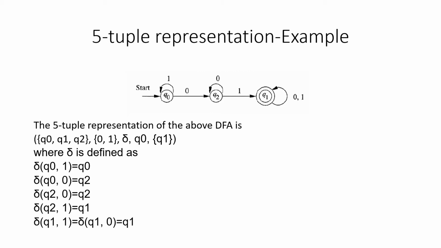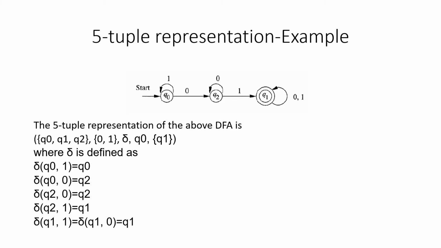Now we'll define the transition function. We know that the transition function of a DFA takes a state and an input symbol and produces a state as the output. Q0, when it scans the input symbol 0, from the diagram it goes to the state Q2.